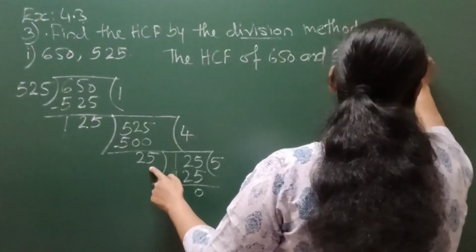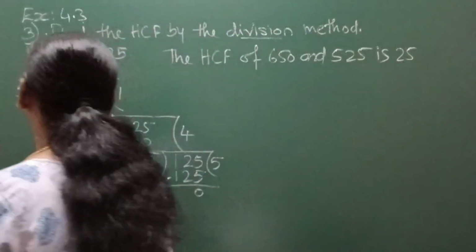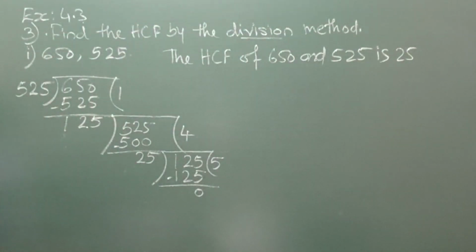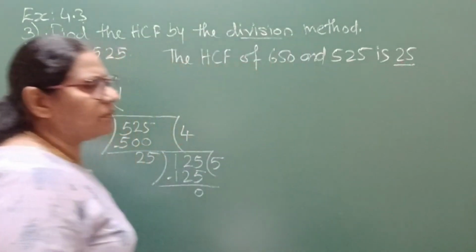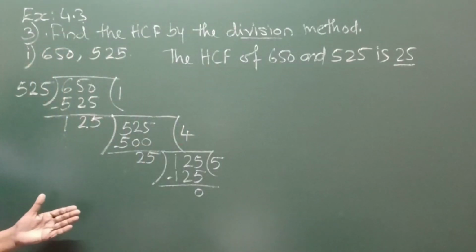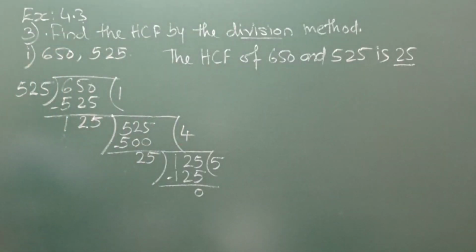That is our HCF. So the HCF of 650 and 525 is 25. This is how we have to find the HCF by the division method.